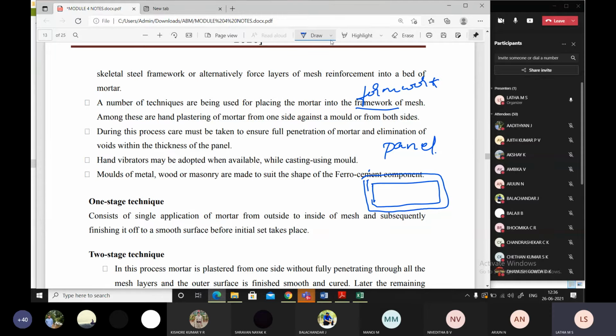I'll draw neatly. I'll improve this diagram. I'm giving an example of a framework. What you saw in the video was just a panel construction. But if, for example, you want to construct a rectangular box, okay, students, the internal dimensions and the external dimensions are different for a box.